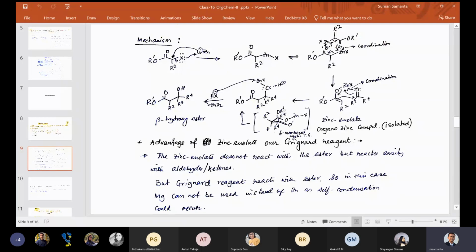Here again, the OR and R3 steric interactions would decide which form, the Z phase or E phase, which form, axial or equatorial, will face less steric crowding in this transition state. That transition state would allow the major product. Got it? It's absolutely clear now.